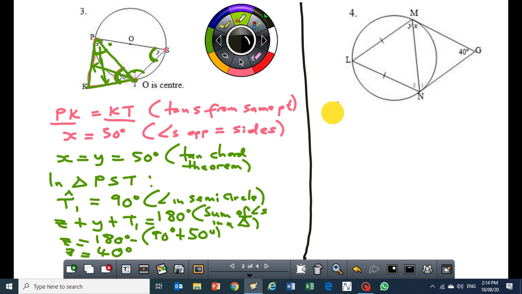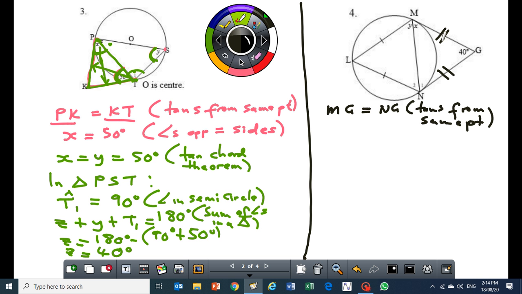I'll say MG is equal to NG, and the reason: tangents from same point. By the way, that word 'tans' is the shortcut for tangents. You are allowed to use it. What I'm trying to say is that this side here and that side are equal.